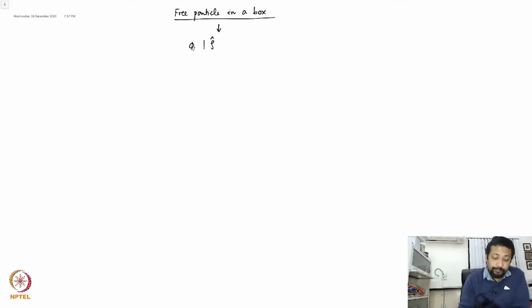So we calculated phi k rho hat phi k prime, as well as r prime rho hat r. Note that this representation phi k is identical to this representation, and we will use this interchangeably.